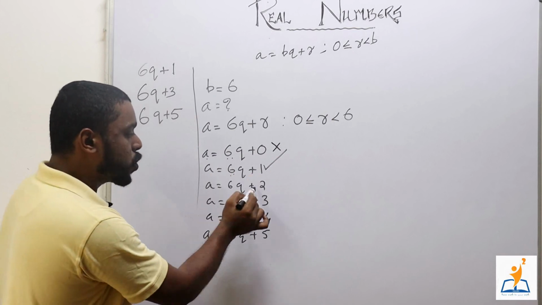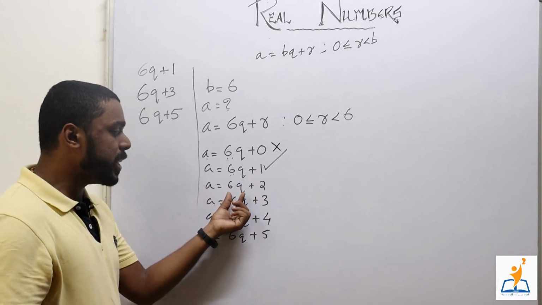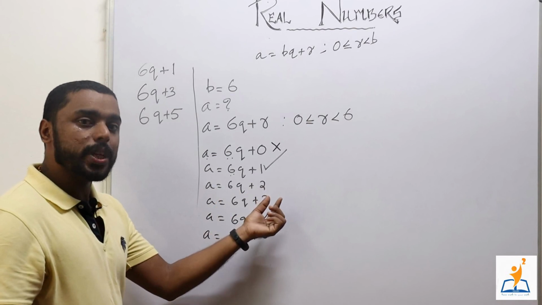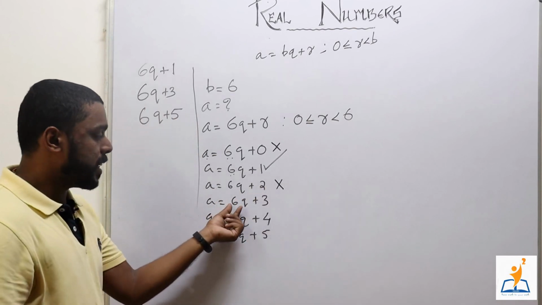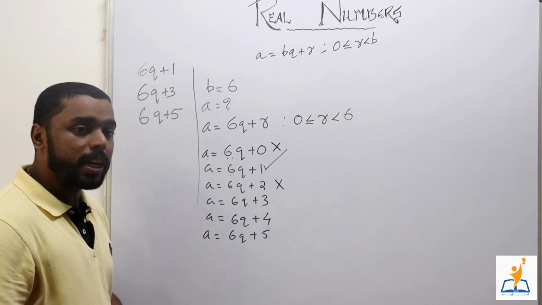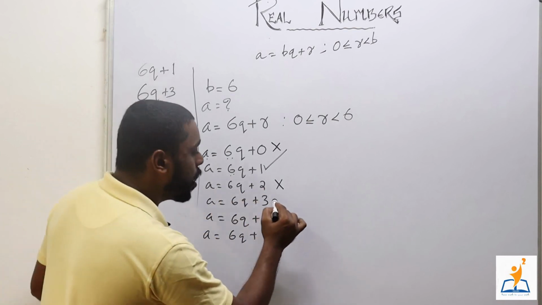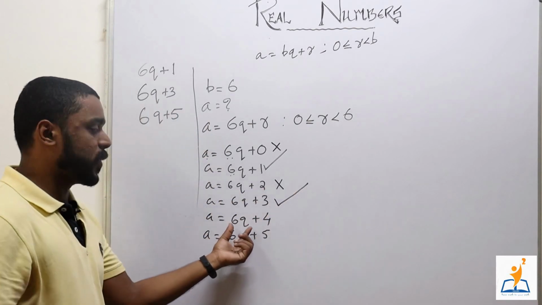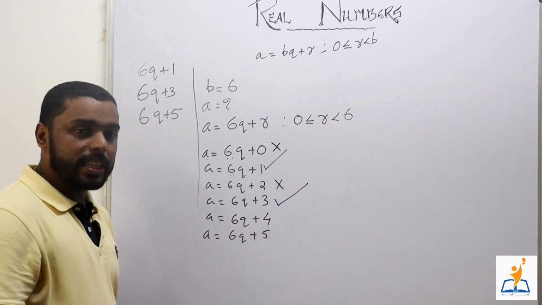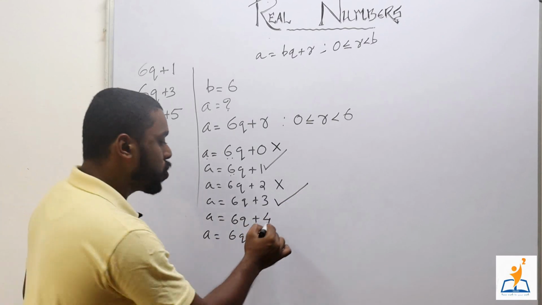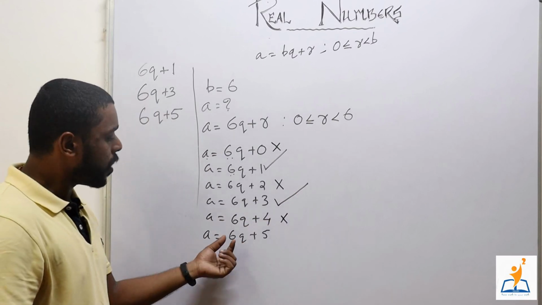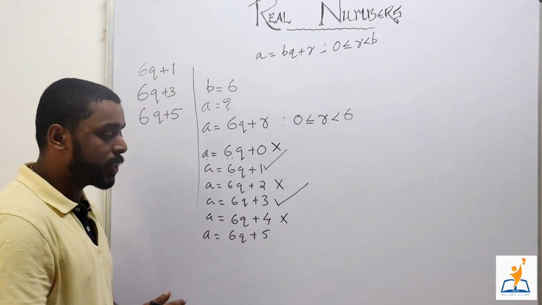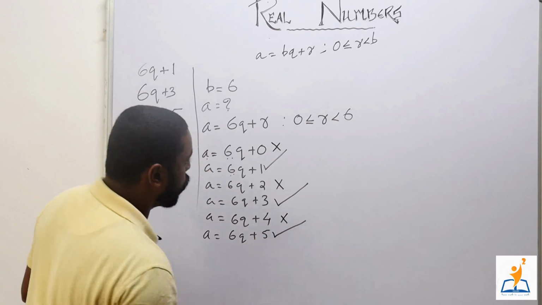Okay. Now 6q plus 2, 6q is even and 2 is even, so it is also an even number. Now 6q is even, 3 is odd, and 6q plus 3 will be an odd number. 6q is even, 4 is even, so the sum will be even, so it is not an odd number. Similarly, 6q is even and 5 is odd, so the sum will be an odd number.